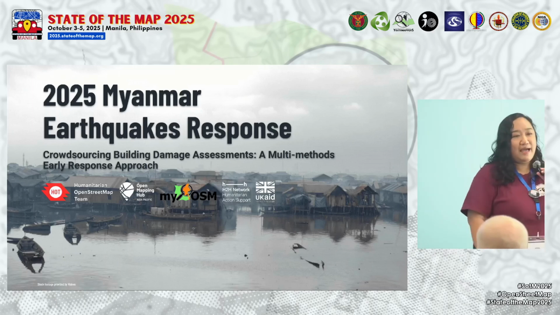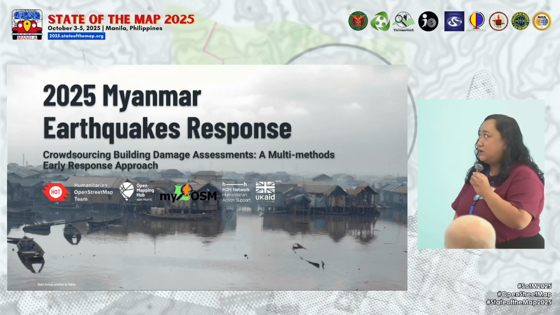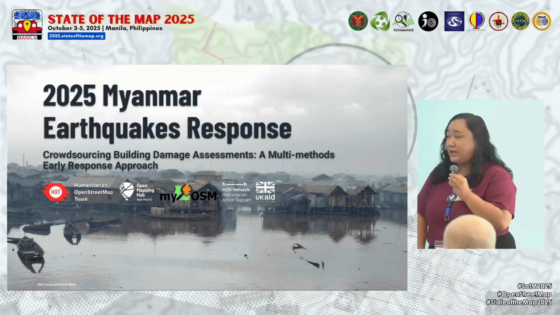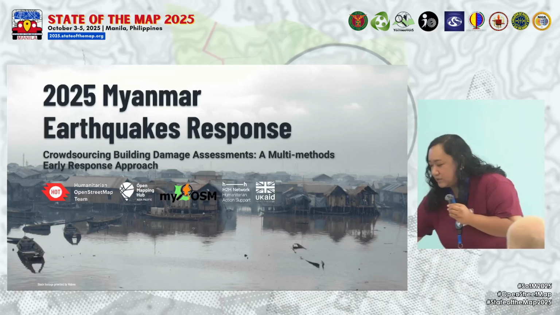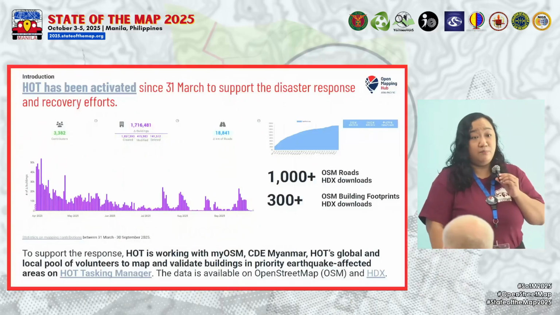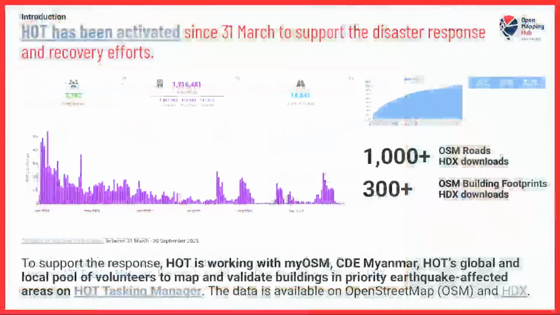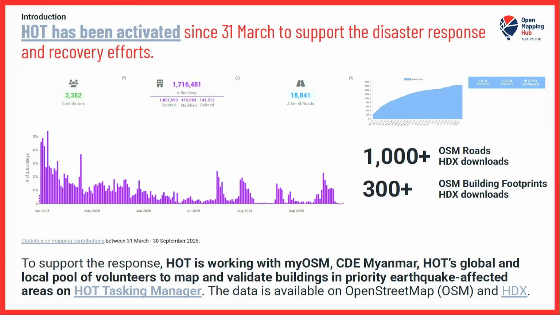For today, I will be sharing one of our recent projects, which is the 2025 Myanmar Earthquake response. As we all know, or if you're not yet familiar, last March a massive earthquake happened in central Myanmar. With that, HOT has activated a lot of HOT Tasking Manager projects.